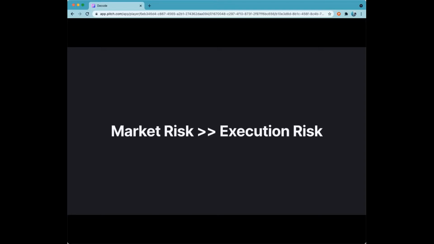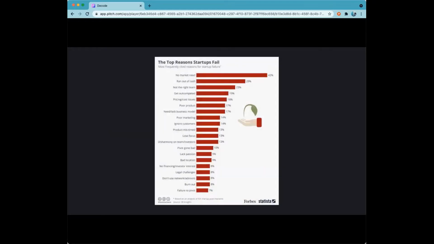Okay, so going into MVP stuff, product market fit, the first stages of a startup. The most important thing to remember is that market risk is a much bigger risk than execution risk. There was a survey of why startups fail, and the number one reason is that there's no market need.